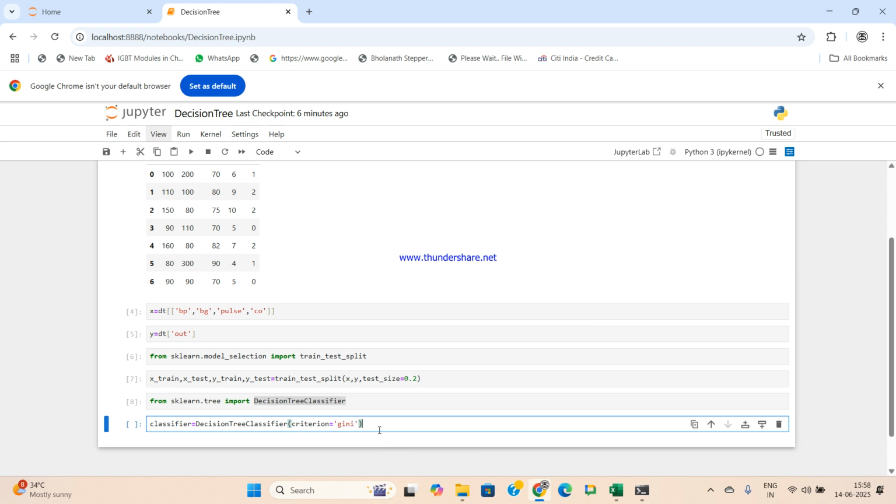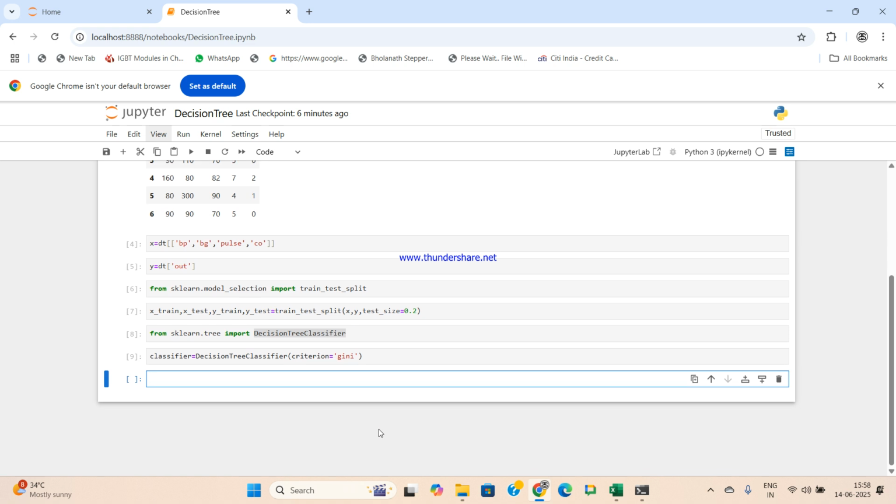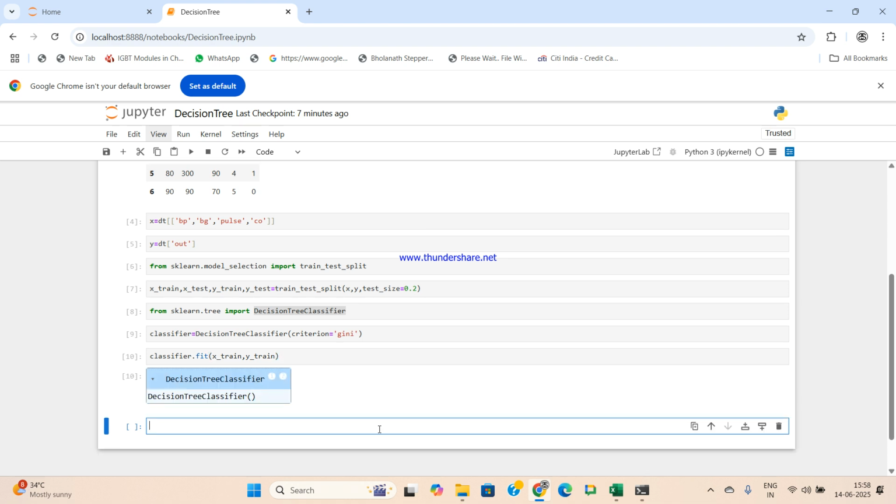So this one I call, and now I will fit this. classifier.fit with my x_train, then my y_train. Yes, it has been done.